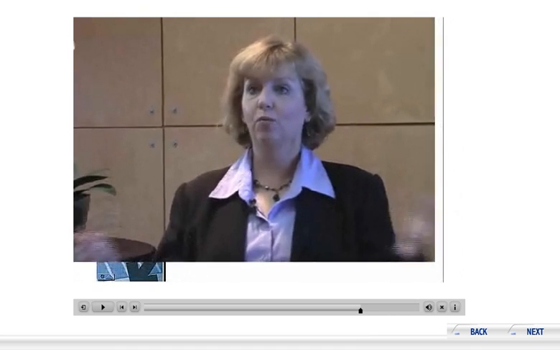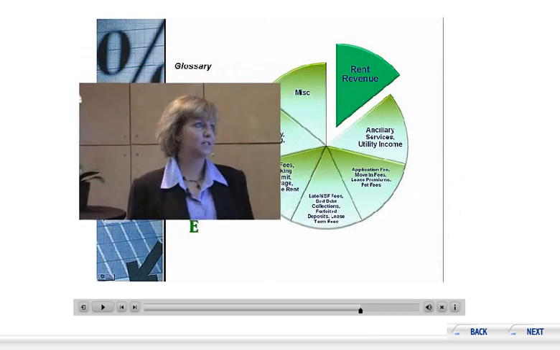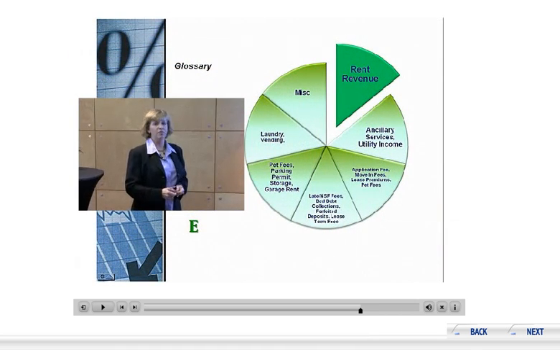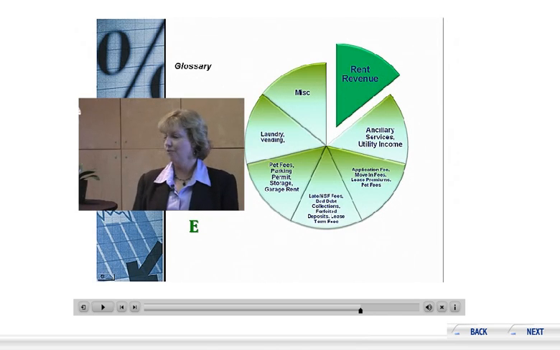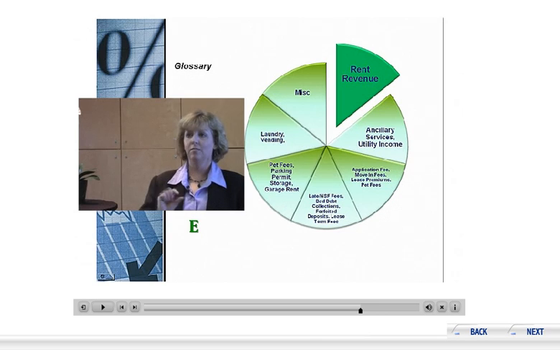Now, next, what makes up all the different types of income? Well, first and foremost, rent revenue. That's what we're in the business to do. Then you've got ancillary services, utility income, application fees, move-in fees, lease premiums. We've got late and NSF fees, pet fees, parking permits, storage, garage rent, laundry, vending, and then the almighty important miscellaneous income, where it seems like that's the catch-all for everything else.